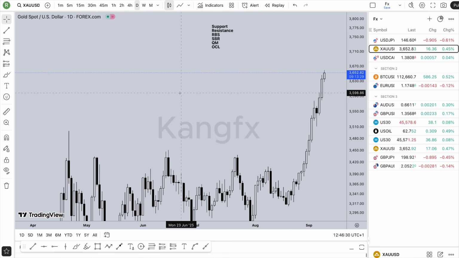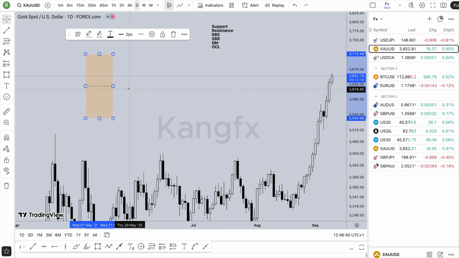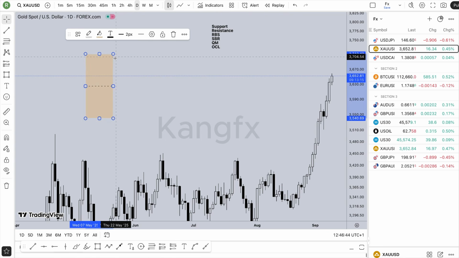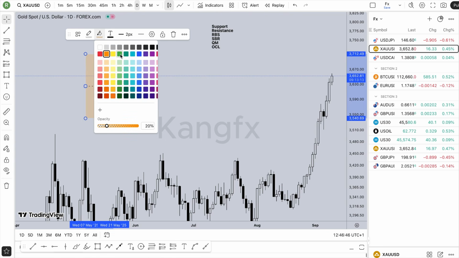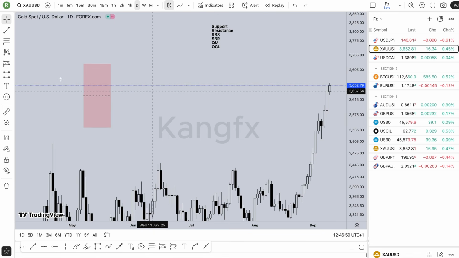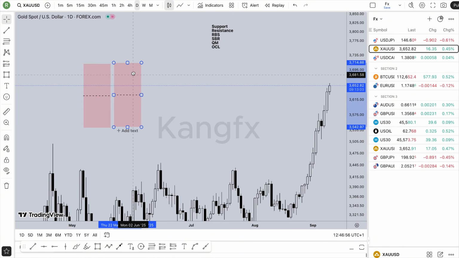Now, when it comes to support, this is how we get our support. When we have something like this, if you have a candle like this, I'll make this to be green. Let's make this a green candle, or a red candle. Let's make this a red candle. Then I have another candle like this.